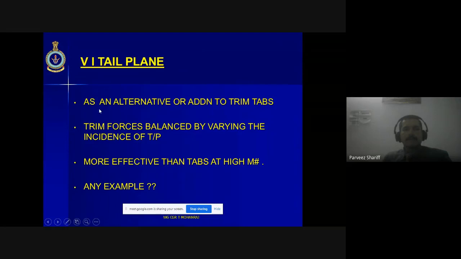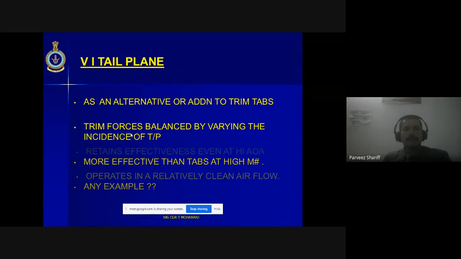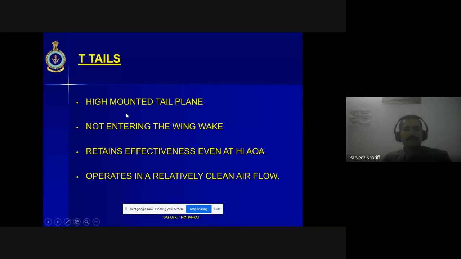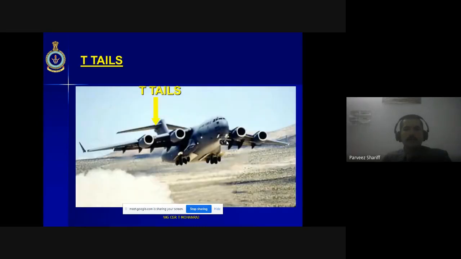Next, the tailplane as an alternative or additional to trim tabs. So high mount tail planes, that is T-tail. T-tails you can see in most transport aircraft. Because in transport aircraft, the wing surface area is so huge that the turbulence created by the main wing will affect the normal tail plane.